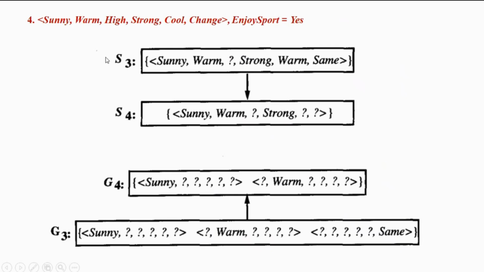And then finally, the fourth example is considered. Since it is a positive example, the S boundary also reacted to change its attribute value so that the fourth hypothesis is formed. And the fourth level of hypothesis is formed in the S boundary. In the G boundary, the third candidate is not consistent, so it is removed. Only two candidate hypotheses are consistent. So G4 is going to carry only these two hypotheses.